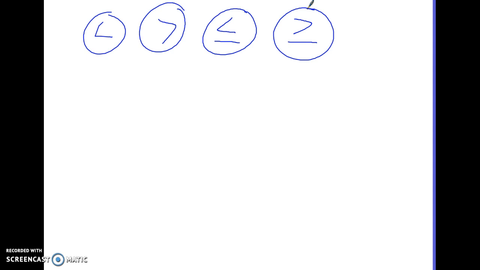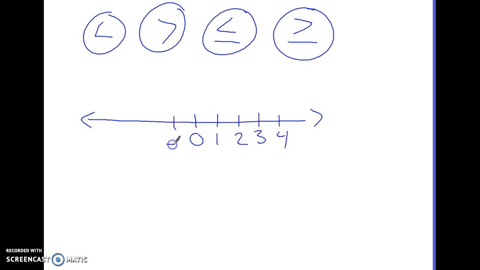I'll do a quick review of graphing our inequalities. When we have a number line, we remember that our positive integers are always on the right side of 0, and our negative integers are always on the left side of 0. If I was to graph something like x is greater than or equal to 2, I would say that x could be 2, or it could be a number greater than 2.